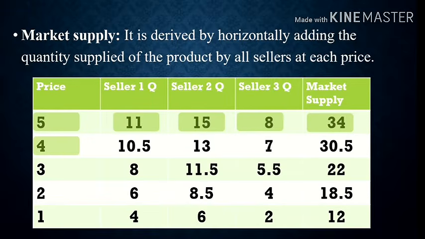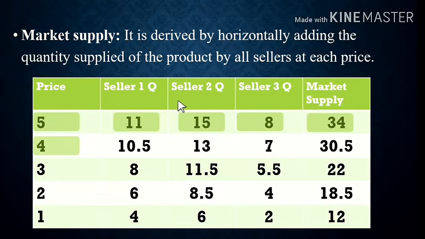Coming to a price of 4, the price has decreased, so quantity supplied has to decrease, right? Let's check that. This goes from 11 to 10, this from 15 to 13, from 8 to 7, and from 34 to 30.